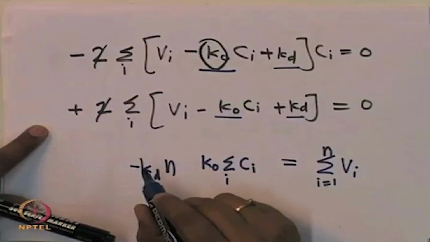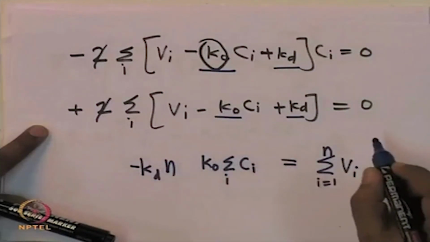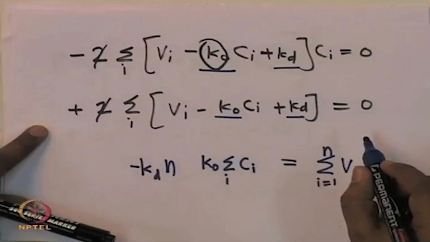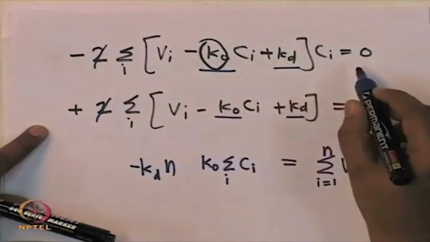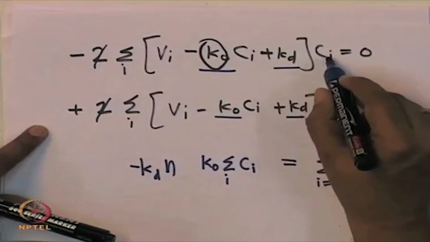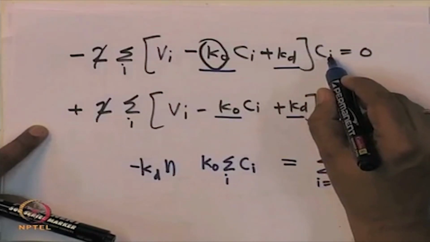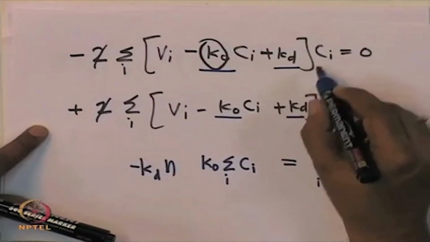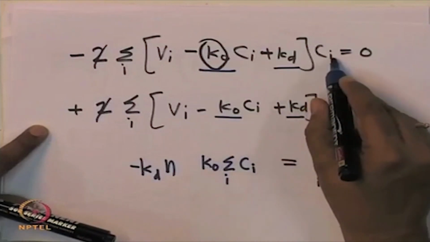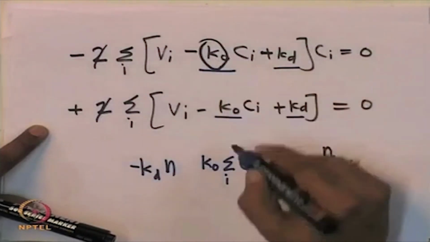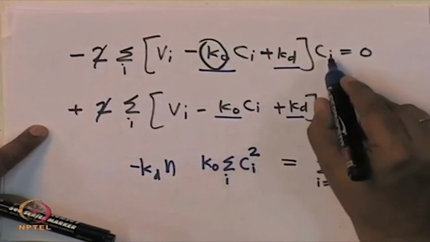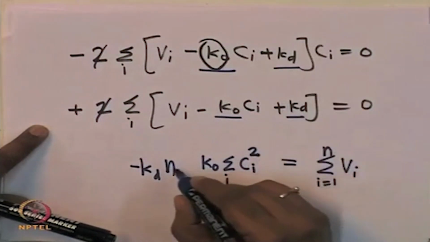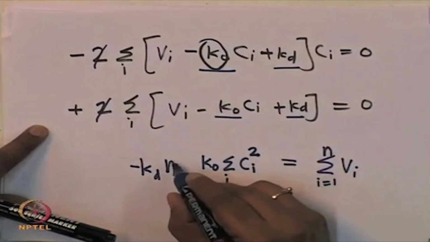Okay, there is a C I here, so you have to take care of the C I also. When you multiply the C I with this K 0, you get C I square, and when you multiply this K D, you will get again a C I everywhere.